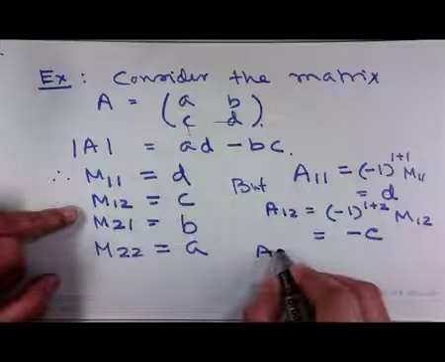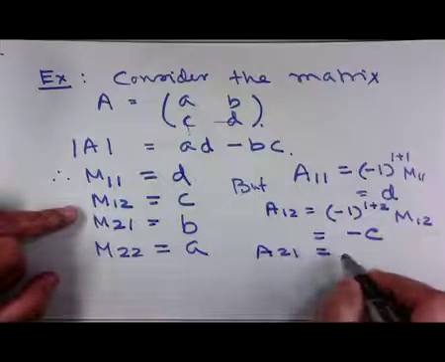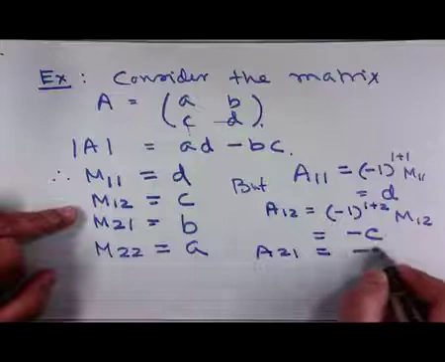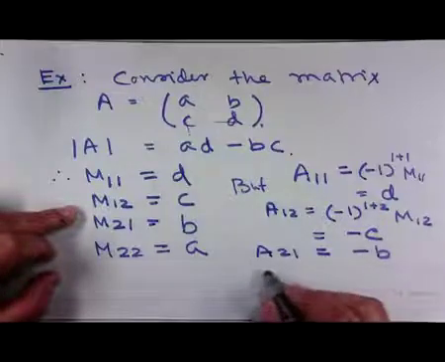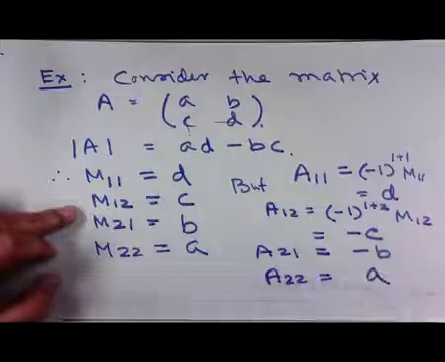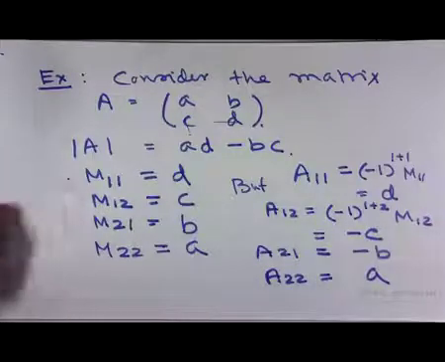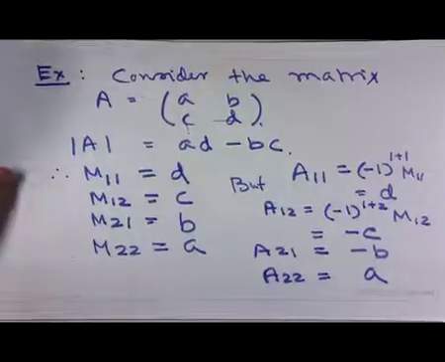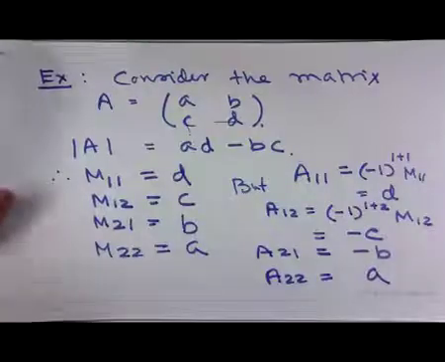A21 in a similar way we will get is minus b, and A22 is equal to a. So, that is the subtle difference between the minors and the cofactors.